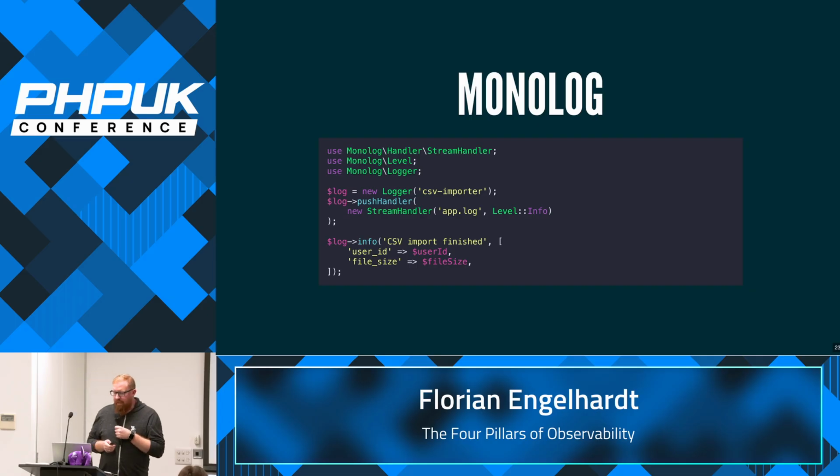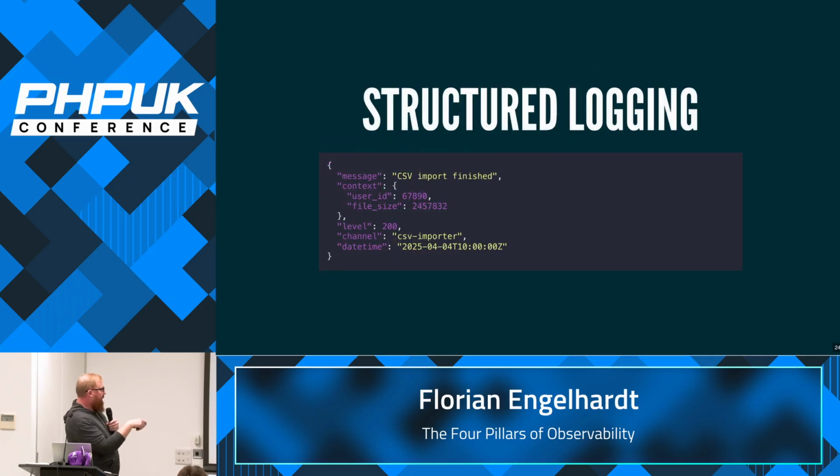If you do this, you get a JSON that looks just like this. This is the information that we get from Monolog. We have the message, we have the context with user ID and file size, the level info maps to 200, the channel is the CSV importer channel that we created when we started the logger, and we get the date and time for this log message.